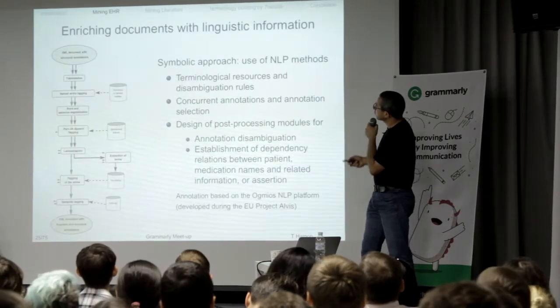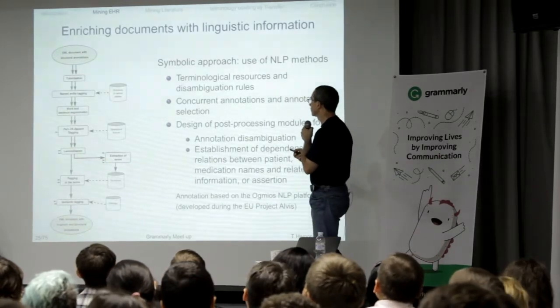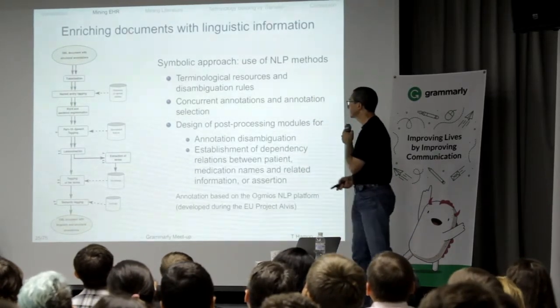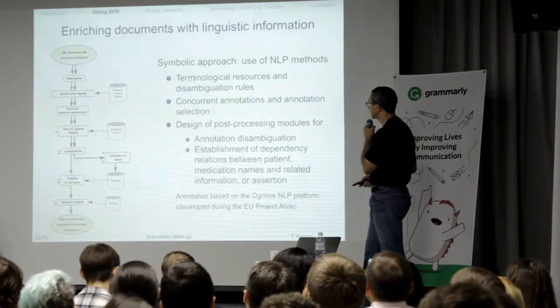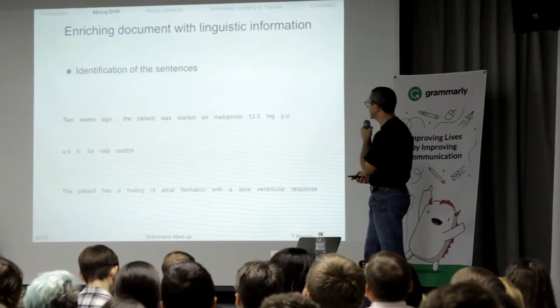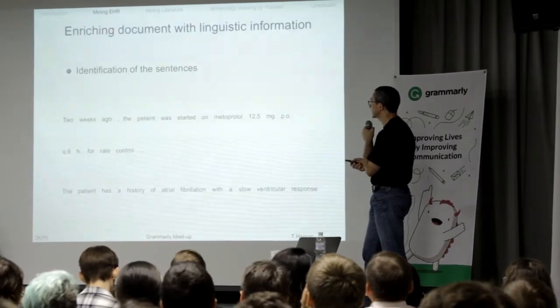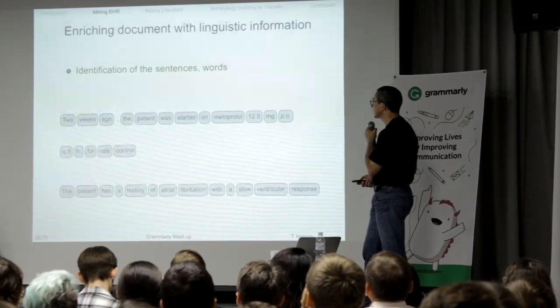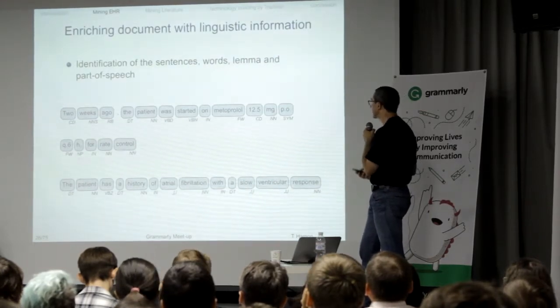So this is a quite classical pipeline for annotating a document with linguistic information. We start by identifying the sentences, then the words, the POS tags, and the lemmas.